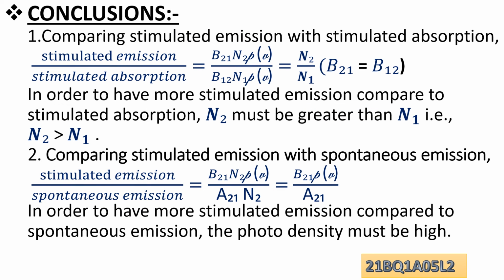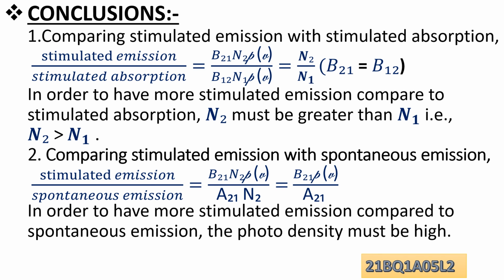Let us discuss the conclusions obtained from Einstein's coefficients. First, comparing stimulated emission with stimulated absorption. We know that stimulated emission equals B21 N2 rho of nu from equation 3, and stimulated absorption equals B12 N1 rho of nu from equation 1. From numerator and denominator, rho of nu, that is energy density, gets cancelled, and from equation 9 we know that the probability rate of stimulated emission is equal to that of stimulated absorption.